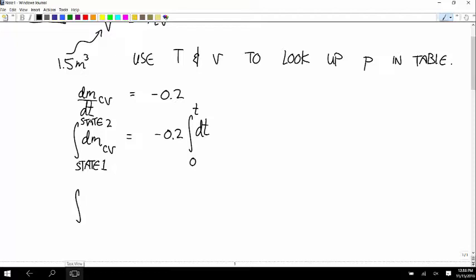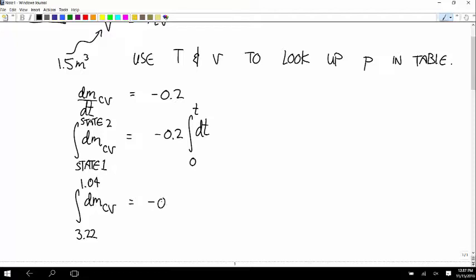So this is going to be integrating from 3.22 to 1.04. You guys have good memories.